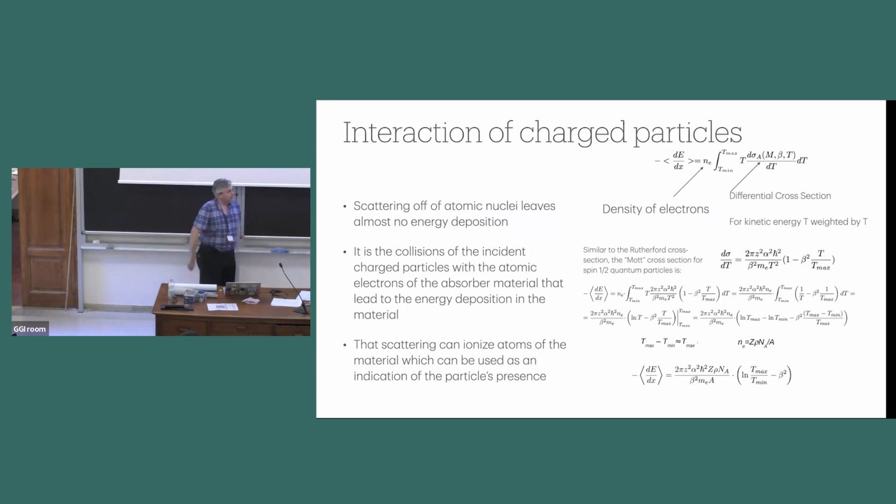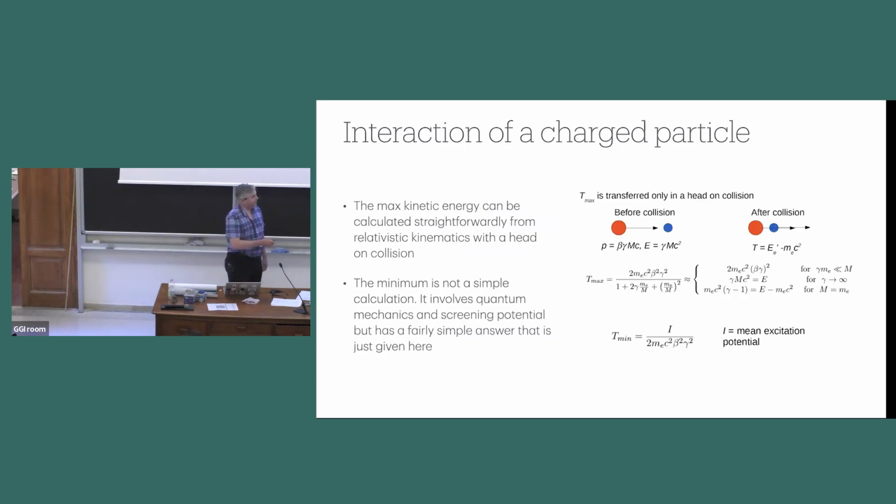And so if you take the differential cross section and integrate it from some minimum energy to some maximum energy, the maximum is basically transferred if the incoming particle has a head-on collision and transfers as much energy as it can to the atomic electron. And the minimum one is a little bit more complicated since it involves quantum mechanics and a screening potential, but has a fairly simple answer.